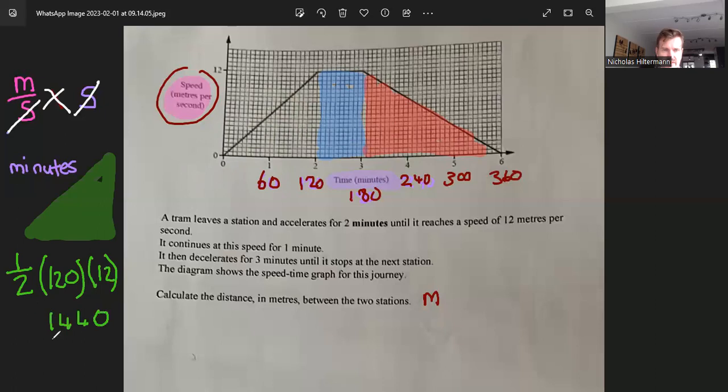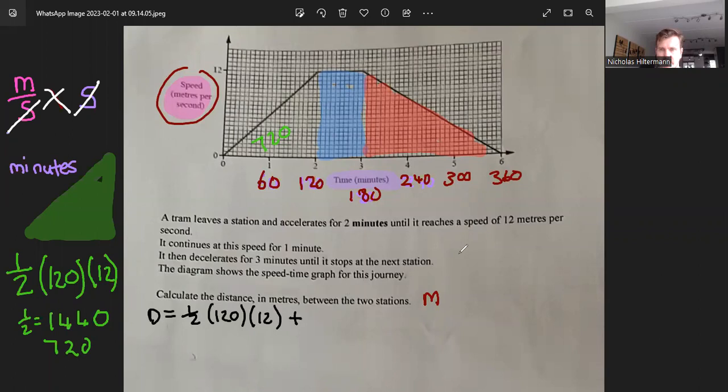And you halve that. Half of 1,440 is 720. So this one is 720. So my distance equals a half times 120 times 12. That's the green one that I did.